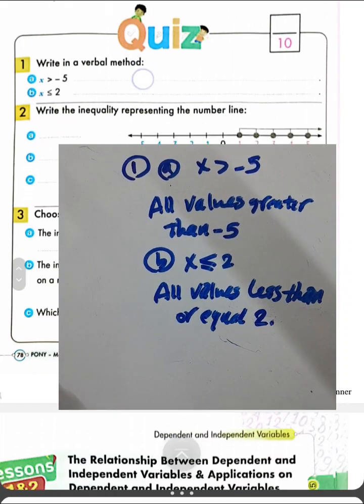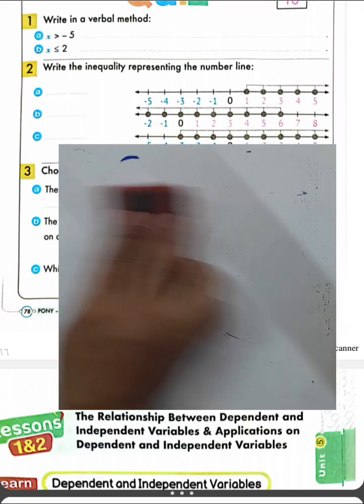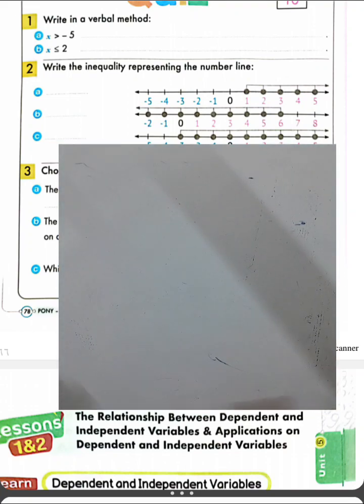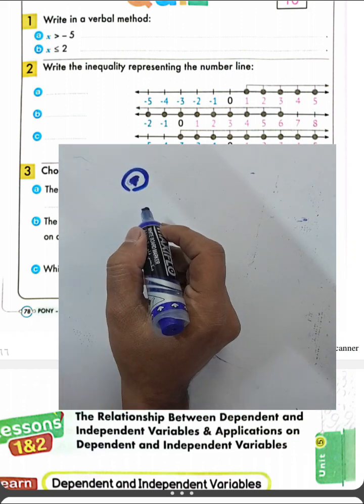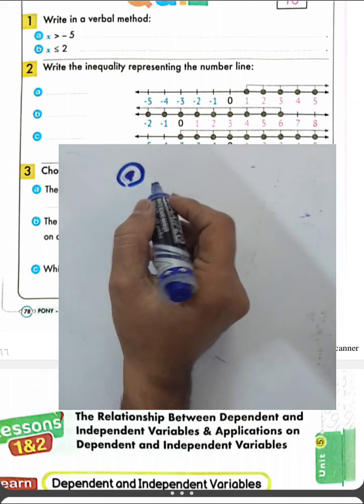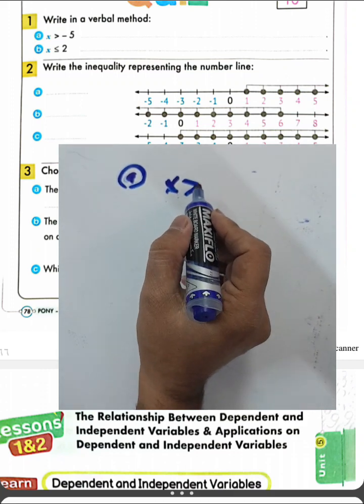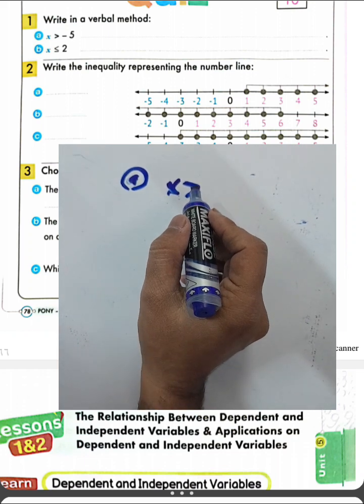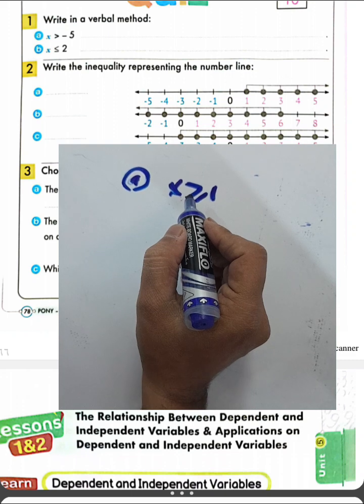Number 2, write the inequality represented here from the number line. Letter A. We have 1, 2, 3, 4, integers to the right-hand side. It will be x greater than or equal to 1, because we begin here at 1.